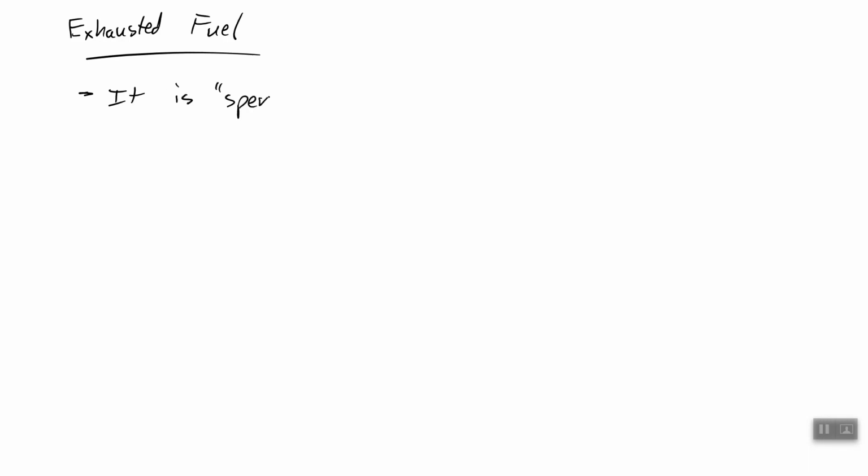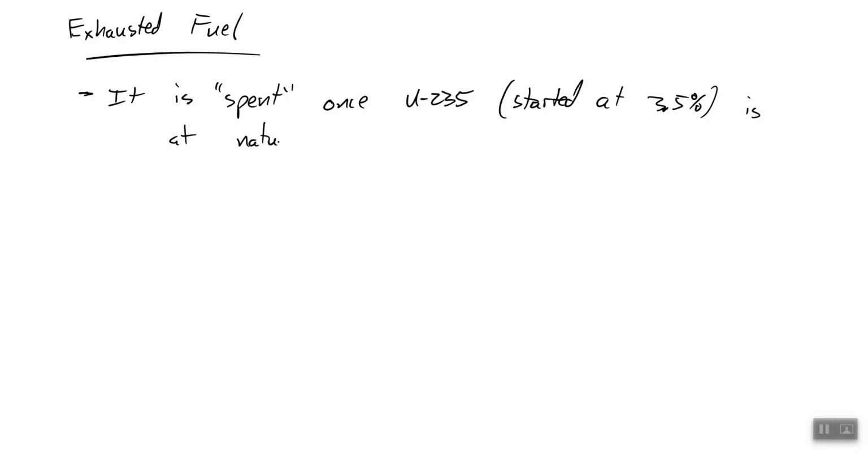And a rod is spent once our U-235 ratio, which started at maybe 3.5%, that's the typical ratio for a PWR reactor, has decayed back to natural levels. Then we leave the fuel for several years to let most of the radioactive waste decay.